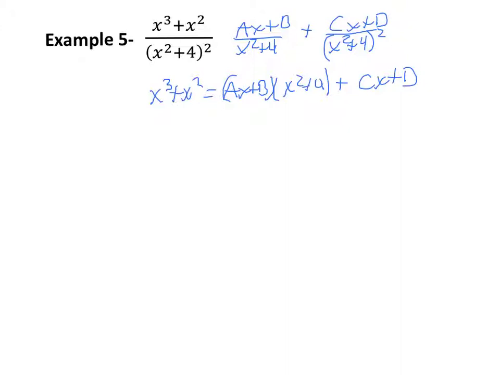So let's FOIL that out and let's do systems here. So we're going to get x cubed plus x squared equals, FOIL these out now, so we get ax cubed plus 4ax plus bx squared plus 4b plus cx plus d.